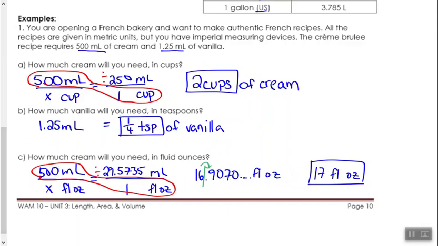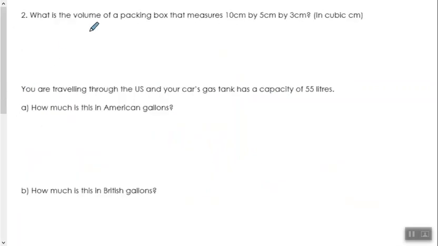All right, next one. What is the volume of a packing box that measures 10 centimeters by 5 centimeters by 3 centimeters? And I want it in cubic centimeters. So I won't have to do any converting here because I want it in centimeters cubed. Okay, so I have a packing box, and it is a 10 by 5 by 3 packing box. So here I have my dimensions. And it doesn't really matter which one you label length, width, and height.